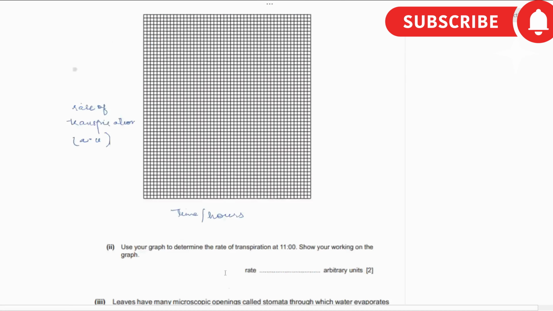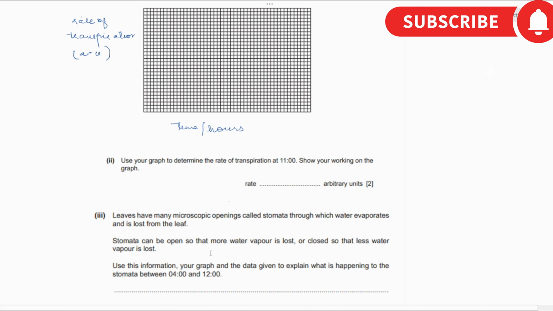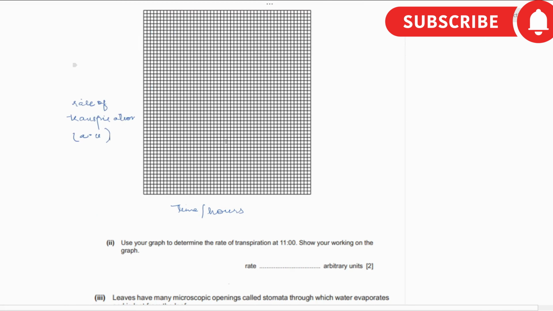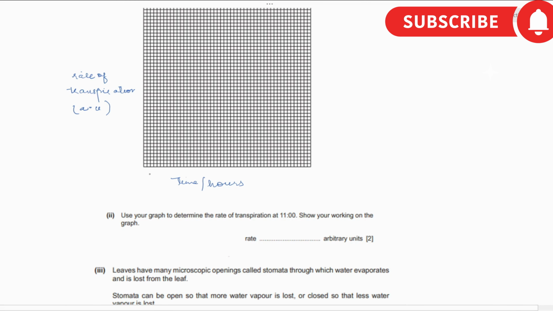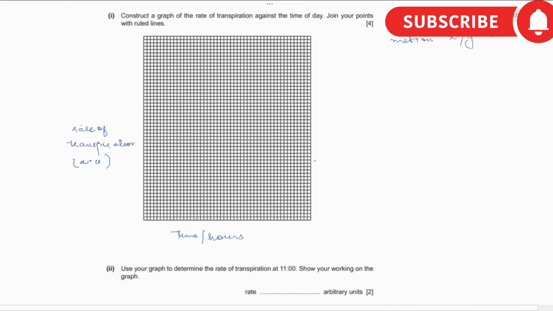Okay, the next question. Use your graph. Definitely we are going to have a reading once we make a line. Shall we try? Let's say we count the squares up to 21, so there are 50, let's say.